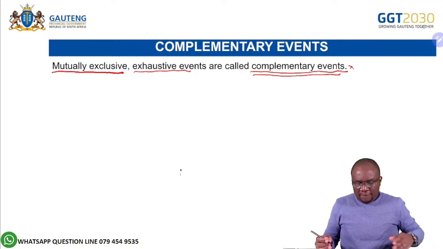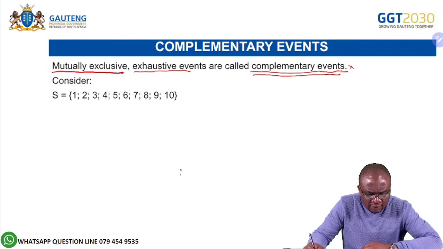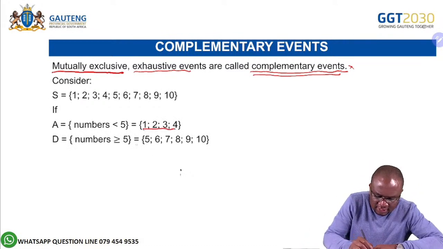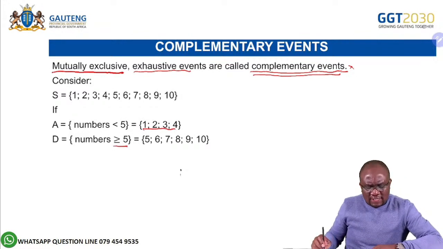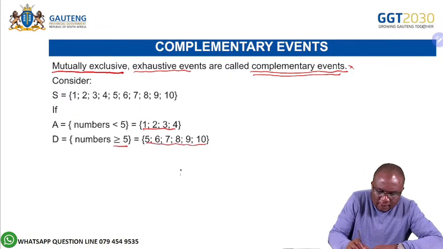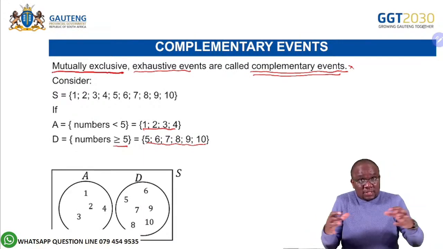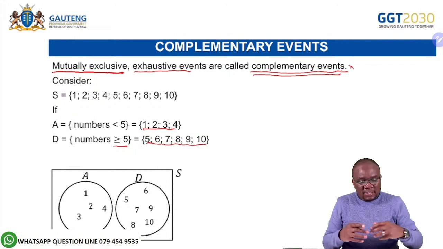Let's consider the sample space that we used. We have numbers less than 5, and numbers greater than or equal to 5. Now 5 is there. These two events are exhaustive because they take everything in the sample space.